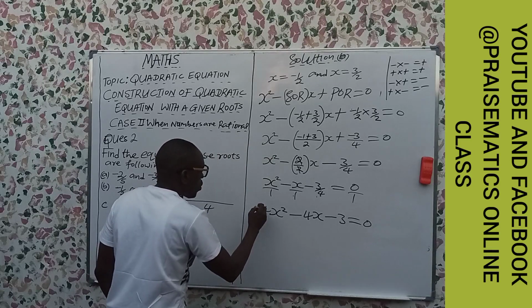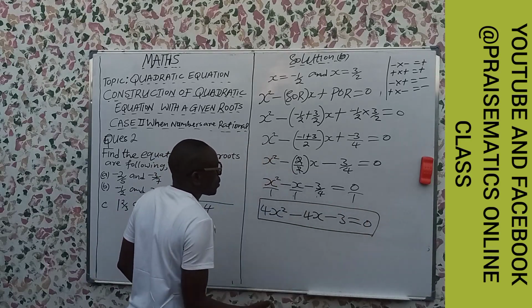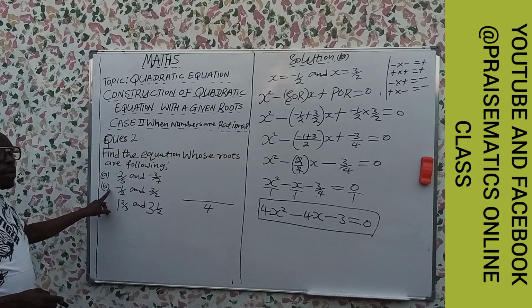So finally, 4x squared minus 4x minus 3 equals 0. This is our answer, the quadratic equation for B.